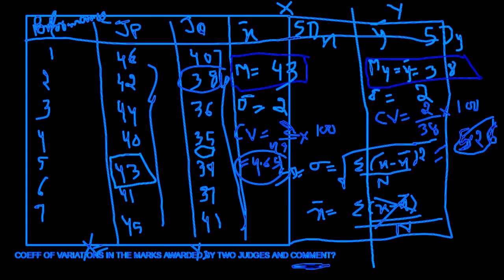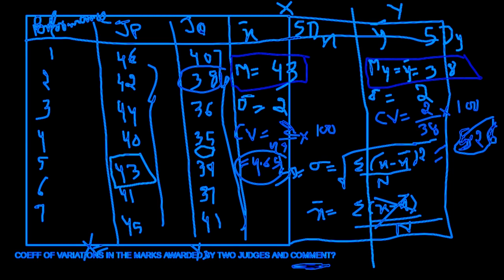So this is what we interpret, क्योंकि ज्यादा मार्क्स दे रहा है, सभी को दे रहा है, तो उसकी एवरेज इतनी है, यानी वो सबके साथ ही lenient है थोड़ा. But the other judge Q, he is strict. He is not giving marks liberally.